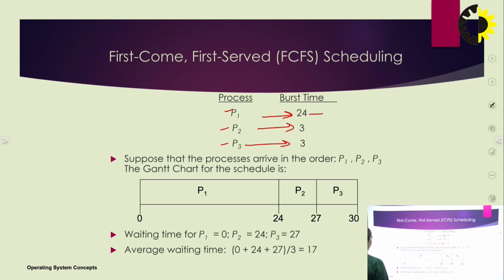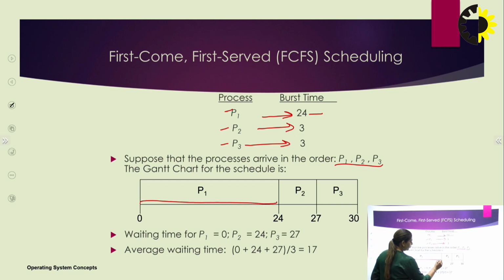Suppose the processes arrive in this order: P1, P2 and P3. Let's make the Gantt chart. We will start the job at 0, and P1 will go on and will be completed after 24 units of time. Then P2 will start, it will complete at 27 and P3 will complete at 30.